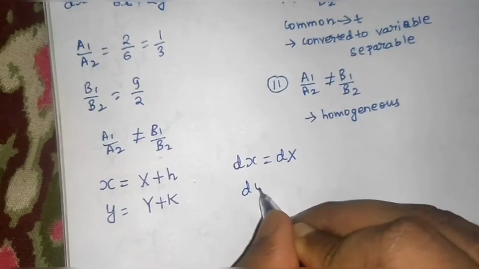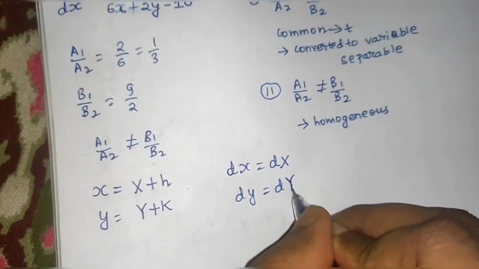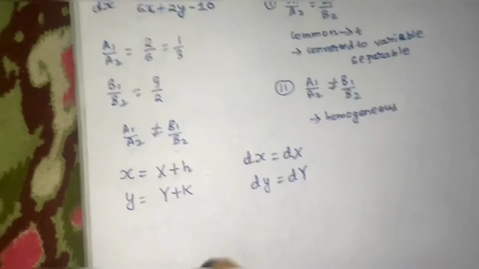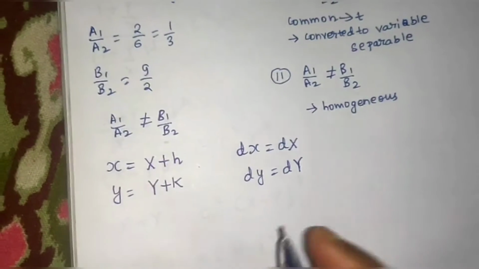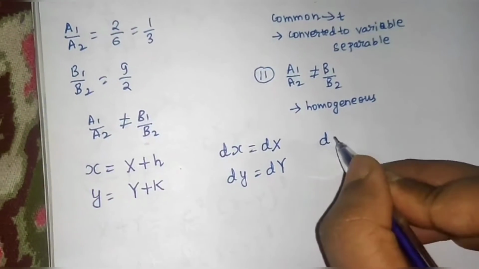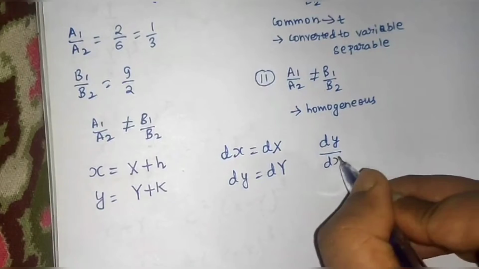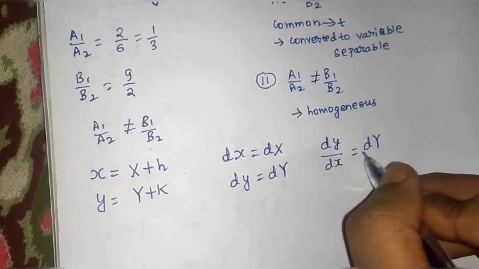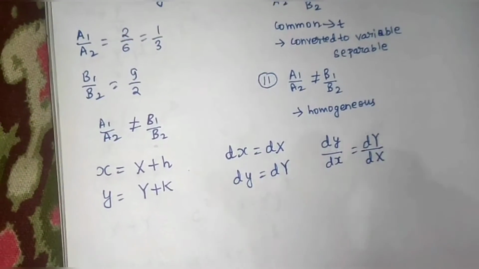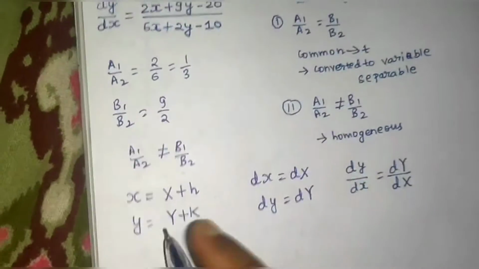Similarly, you are getting dy is equals to d capital Y. So if you find the ratio of dy by dx, that will surely come out to be d capital Y by d capital X.